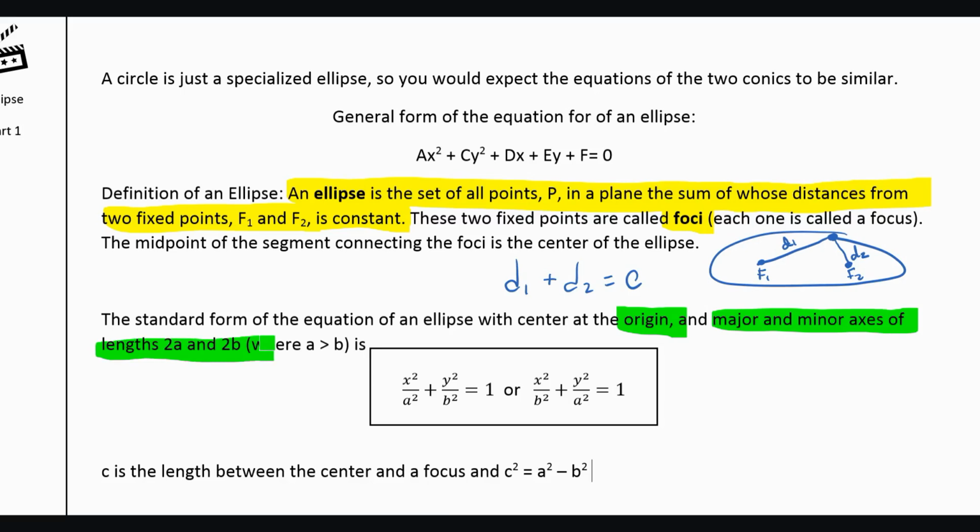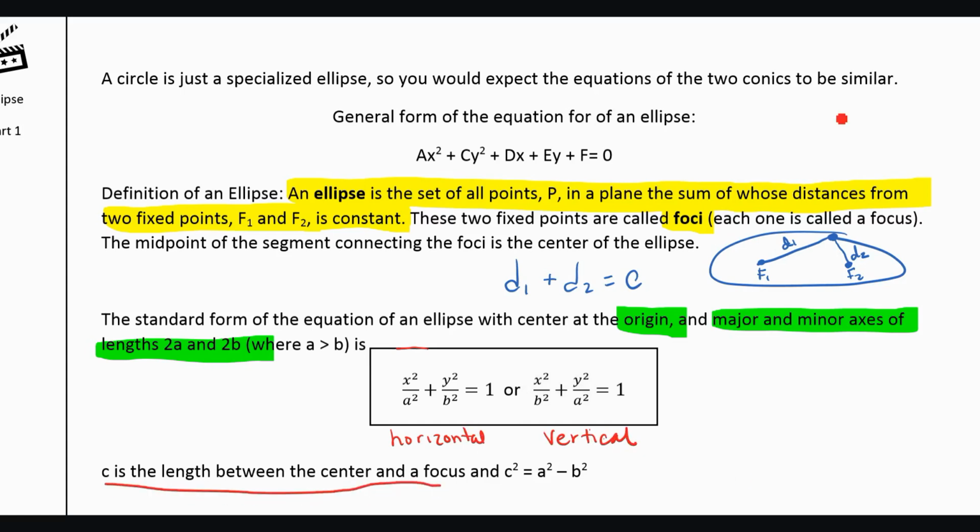So the equations we use, for centered at the origin: this one I'm going to call a horizontal one, we'll see it's longer horizontally, and this one would be a vertical one, it'll be taller. And C is the length between the center and the focus.